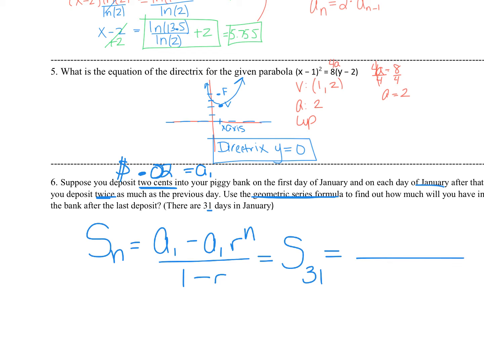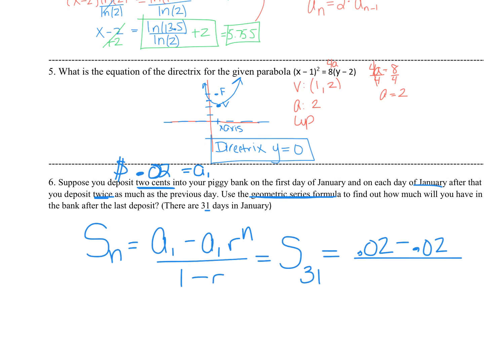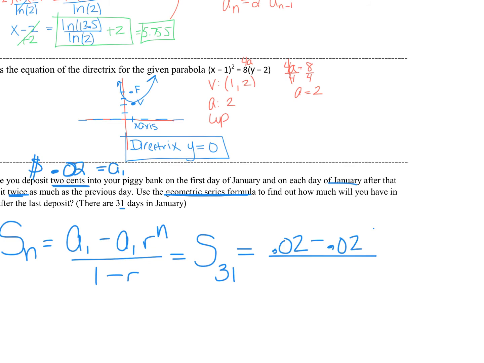A1 is 2 cents. We're doing twice as much as the previous day, so that means r is 2 to the n. So, of course, that looks sloppy, so let's make it better. And then 31 days all over 1 minus 2. And let's see if this gives us a nice number.